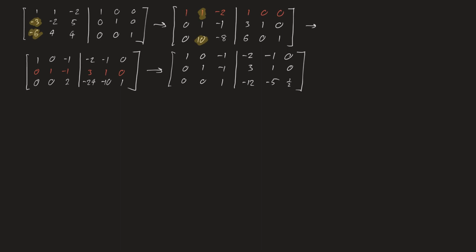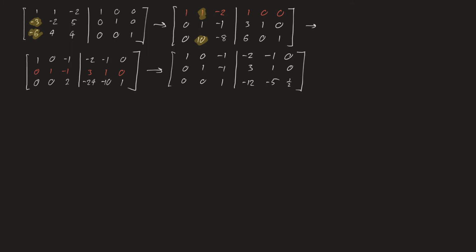Now we have this pivot point, and we are very close to having the identity matrix on the left side. So let's figure out what we have to do. The beautiful thing here is these are already -1, which means we don't have to do anything to row 3. All we have to do is add row 3 to both row 1 and row 2, such that these get nullified.